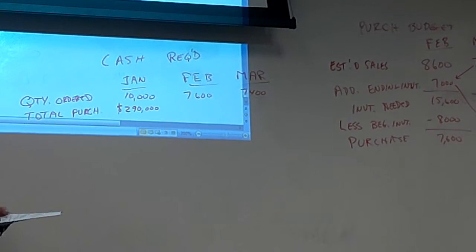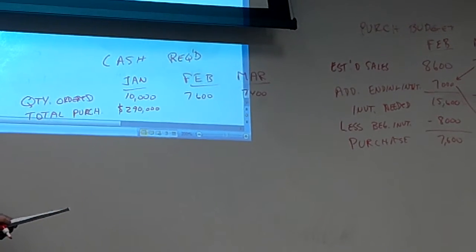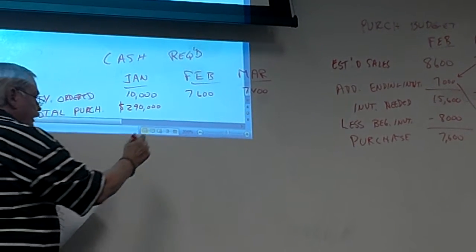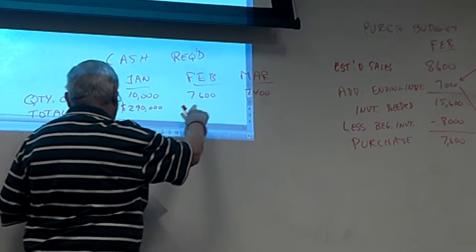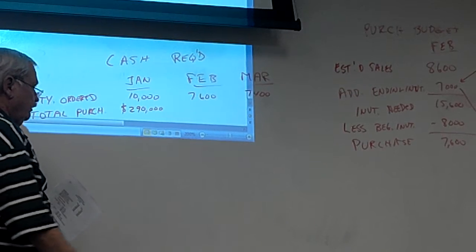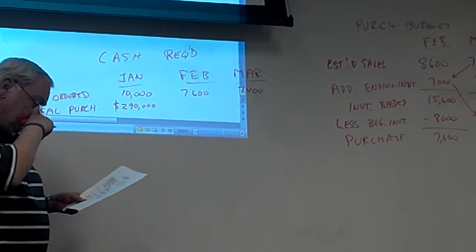Right? And somebody multiply 7,600 times 290. It's 7,400 times 290.